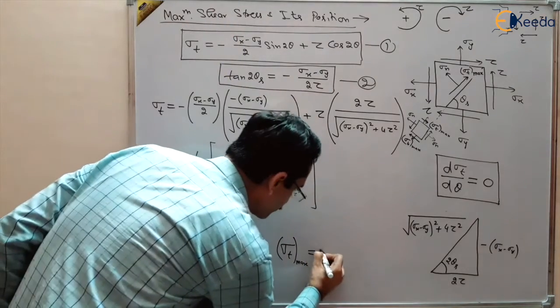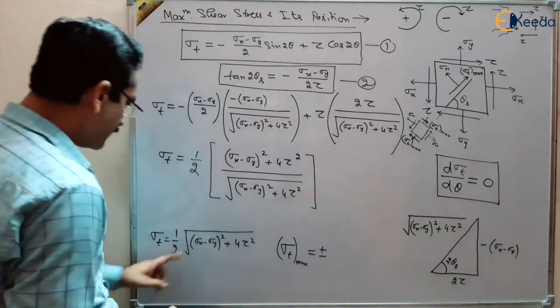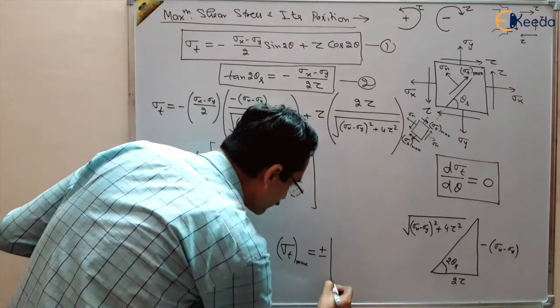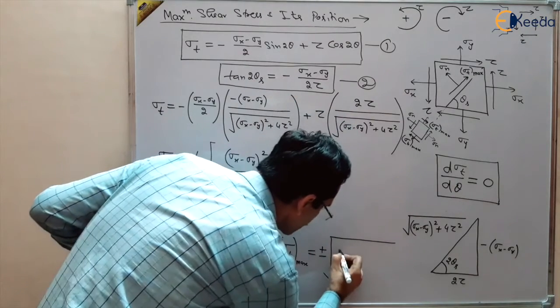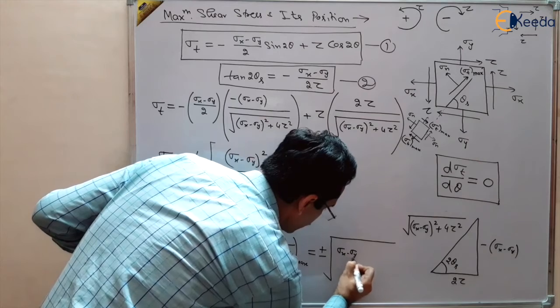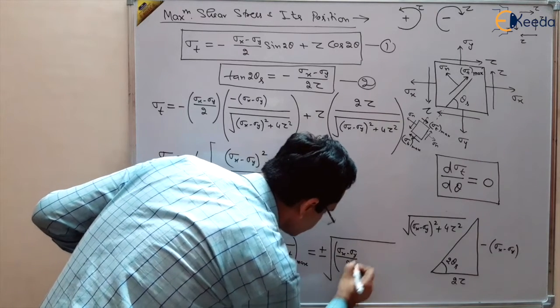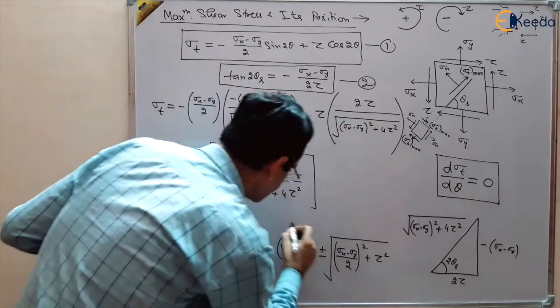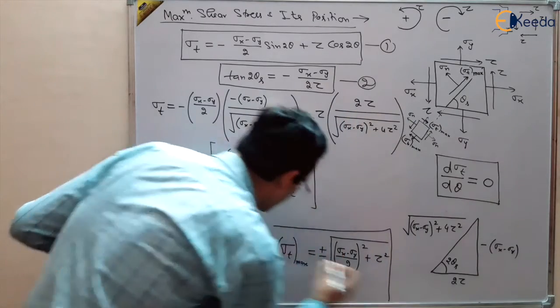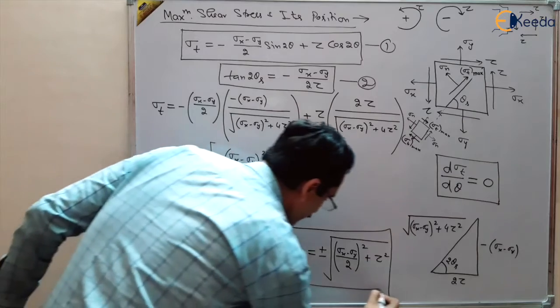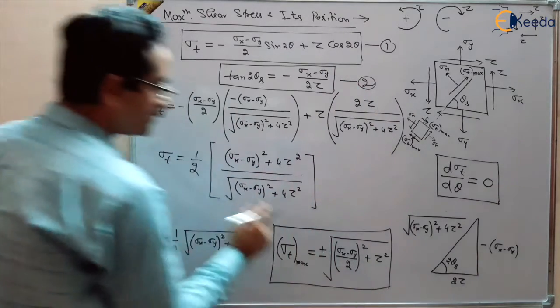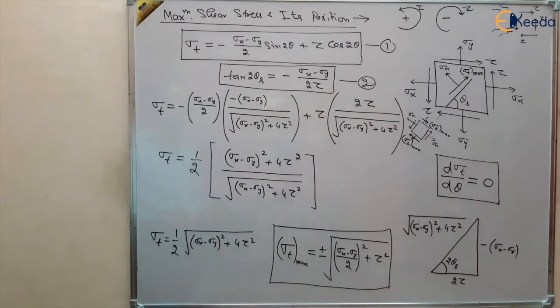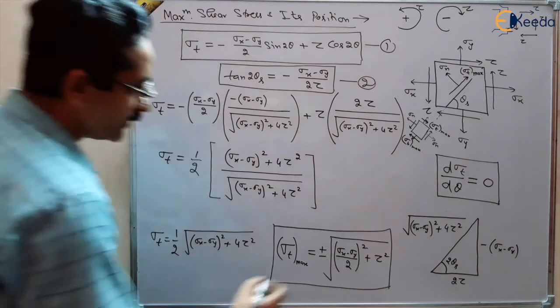That's why we are writing plus and minus, and we can write here under the root, sigma x minus sigma y by 2 whole square plus tau square. So this is the equation which you have to remember: maximum shear stress at a plane of theta s. This you have to remember, and this is very important.